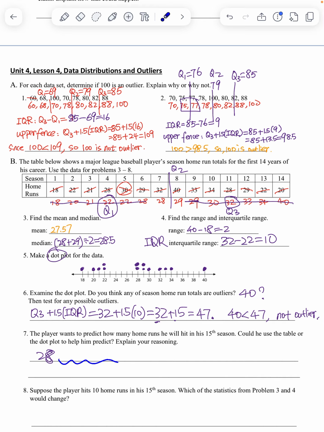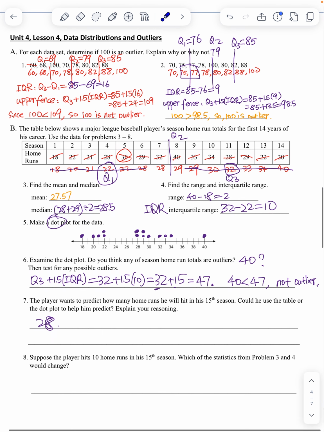I'm not going to write out all the reasoning. You can write: the mean is very close to 28, the median is also very close to 28, and 28 happened twice in his history. So we predict 28. Look, 28 is right in the middle of the data set.